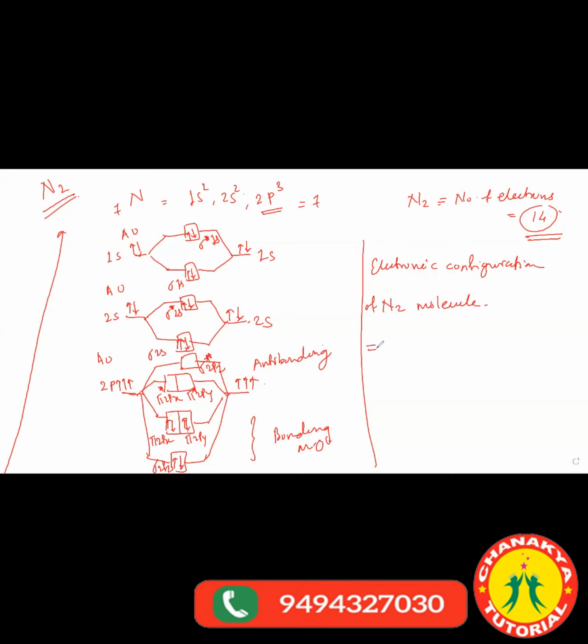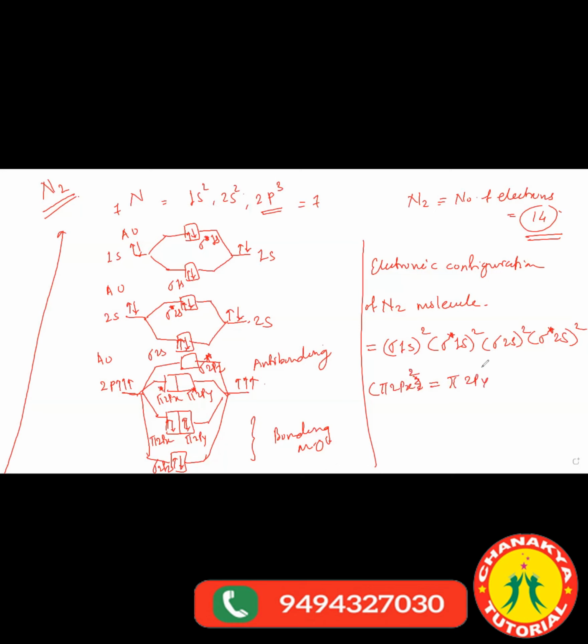You will get sigma 1s2, then sigma star 1s2. Then sigma 2s2, sigma star 2s2, correct? Now remaining, what? Here, pi 2px equal to pi 2py.